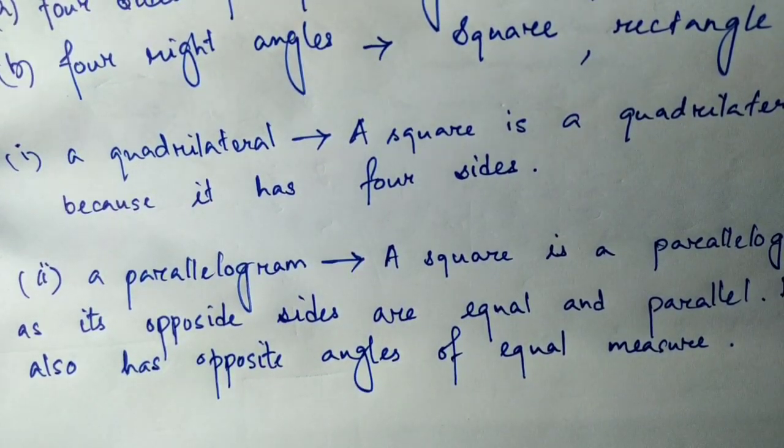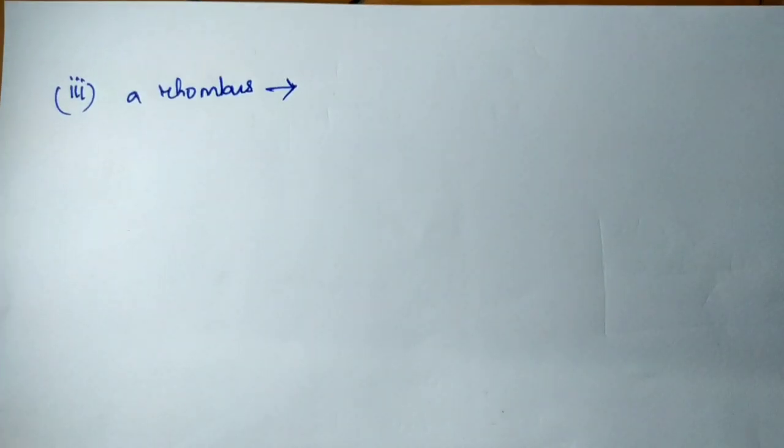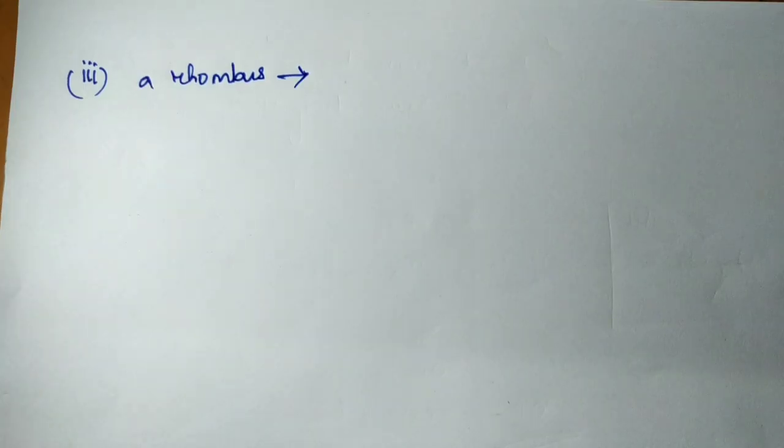Then we write number 3, a rhombus. Why can you say that a square is a rhombus? What is the similarity of a rhombus and a square? That all 4 sides are of equal length.